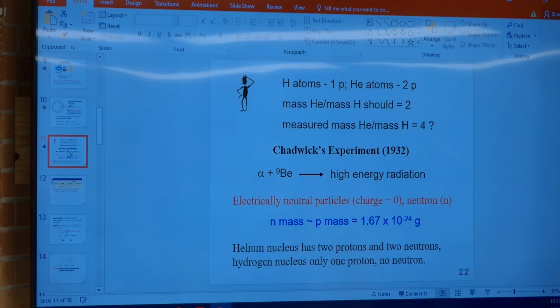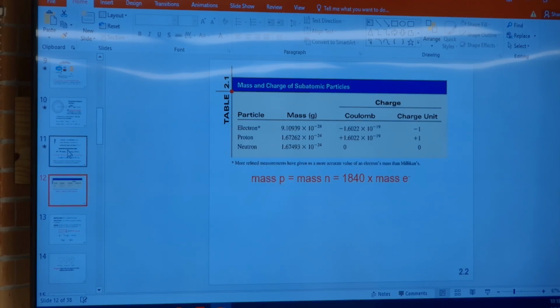Because in the helium atom, there are 2 protons plus 2 neutrons. In the hydrogen atom, only 1 proton, no neutron. The mass ratio is 4 to 1. So now we have 3 different particles discovered inside an atom.